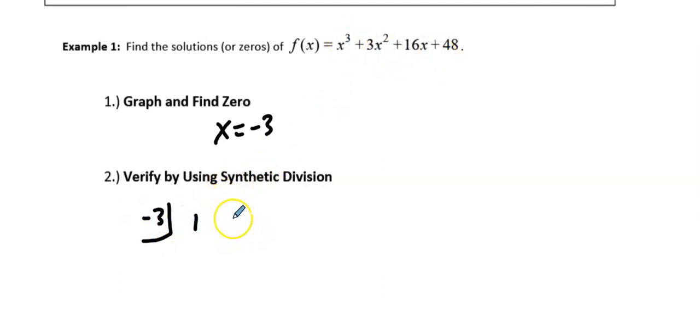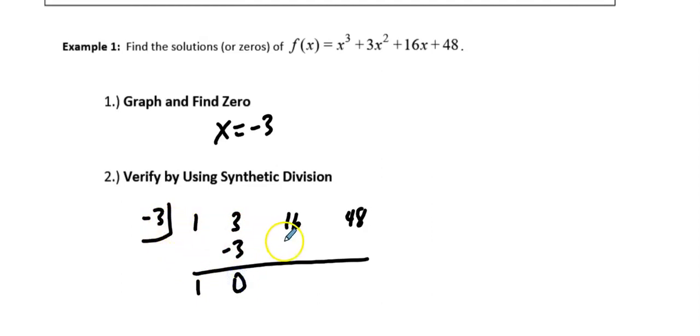So we got 1, 3, 16, and 48. So we're going to drop the first number and then multiply. Add and multiply. Add and multiply. Add, and we get a remainder of 0, which indeed verifies that -3 is a 0.